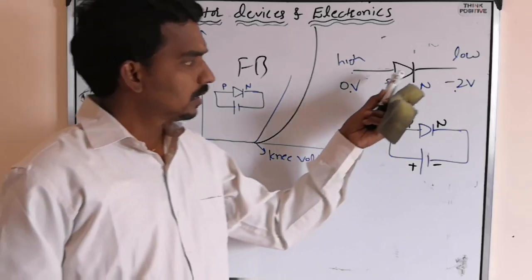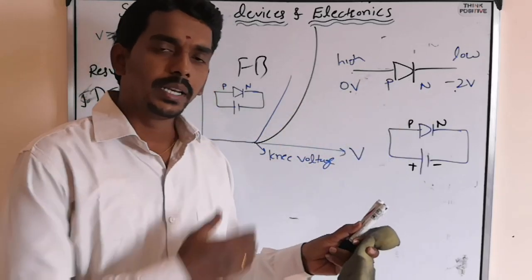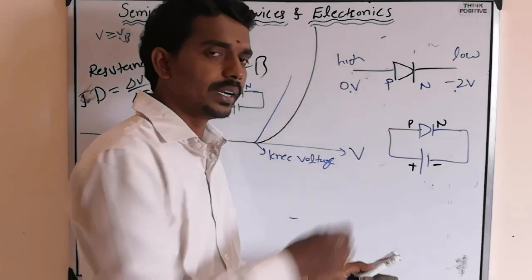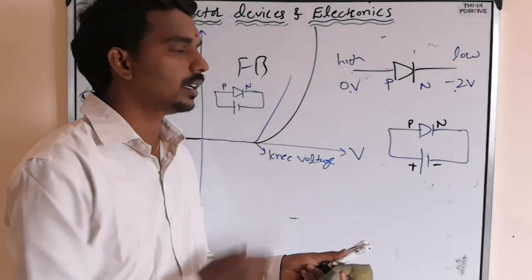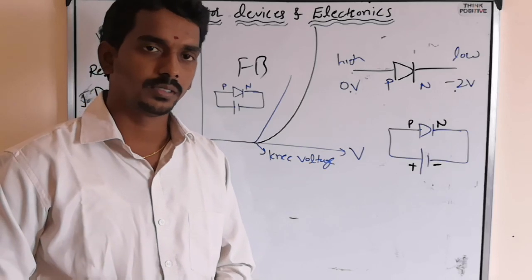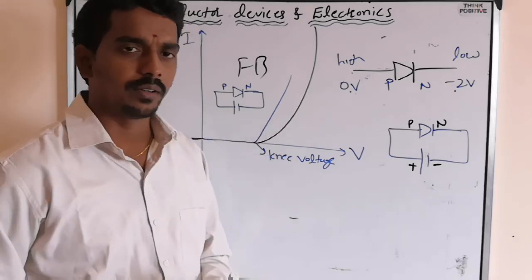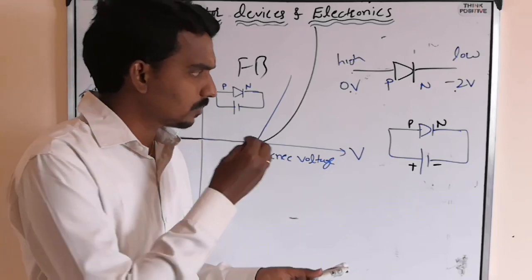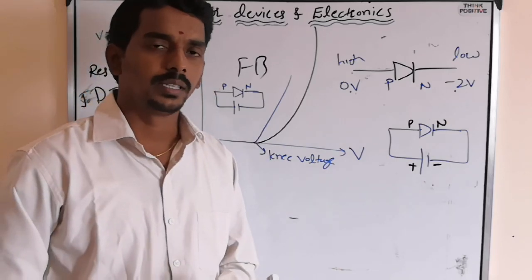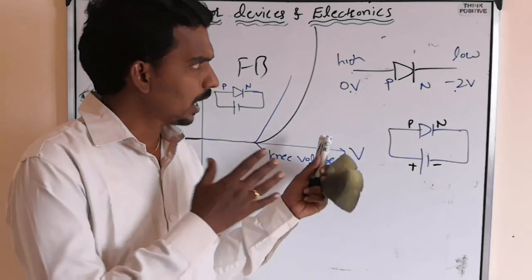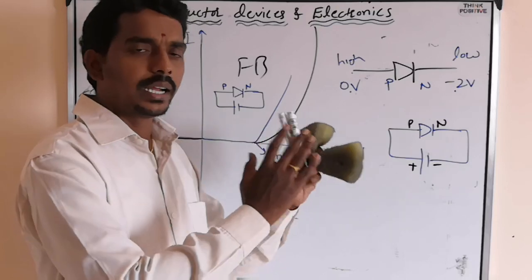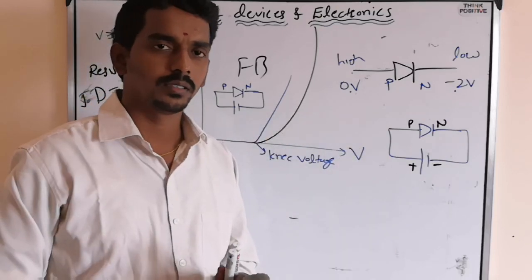So previously many times they asked questions like this in the entrances. This is one kind of question based on the junction diode, right? So one simple question I have given. But some other questions also will be there, like some circuit questions. So you have to consider the diode like one conducting material in the questions.